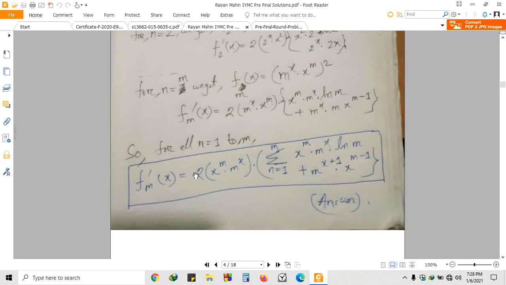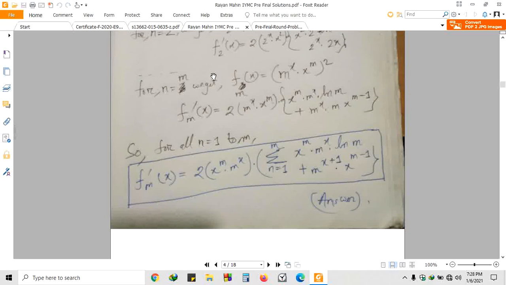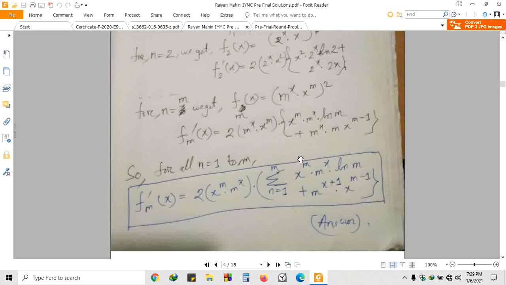So this portion, 2 into x to the power m into m to the power x, will be common for all the values of n, and thus we get the derivative of the given function. So I hope you understand.